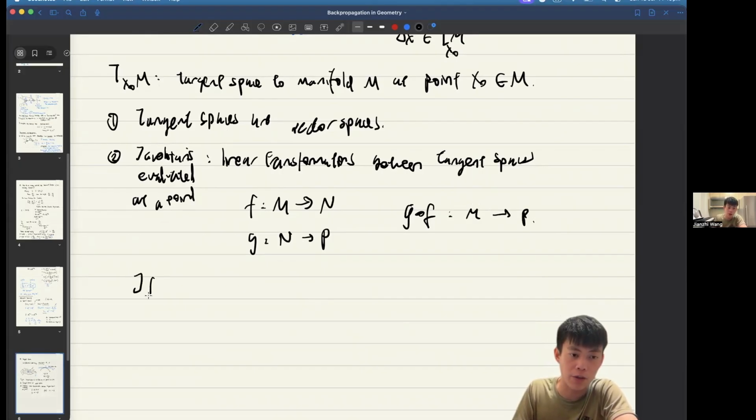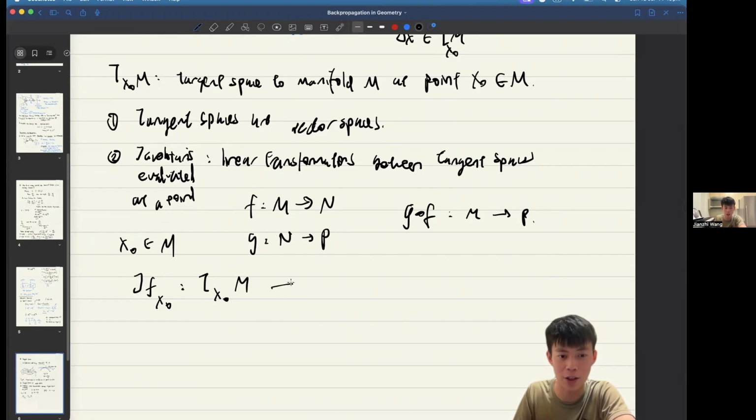The Jacobian of f, so remember when we do the Jacobian, we have to evaluate it at some point, right? So let's say we have x0 that is in M. The Jacobian of f at x0 is a function that maps from the tangent space to M at x0 to the tangent space to N at f of x0.